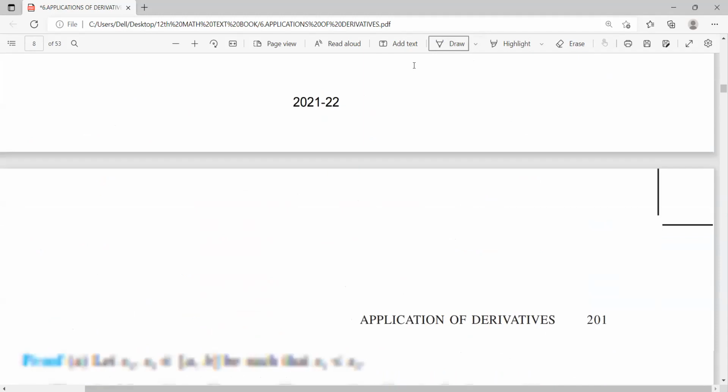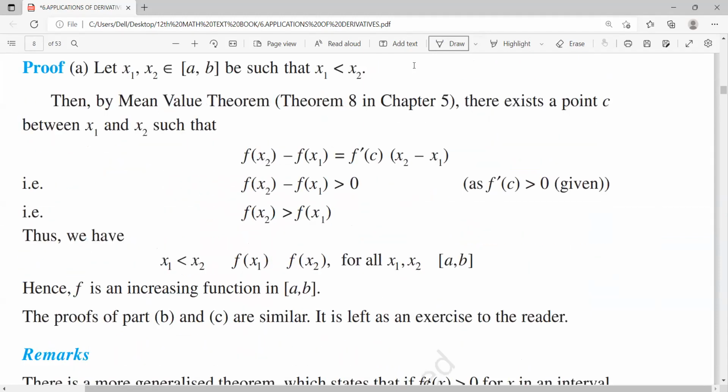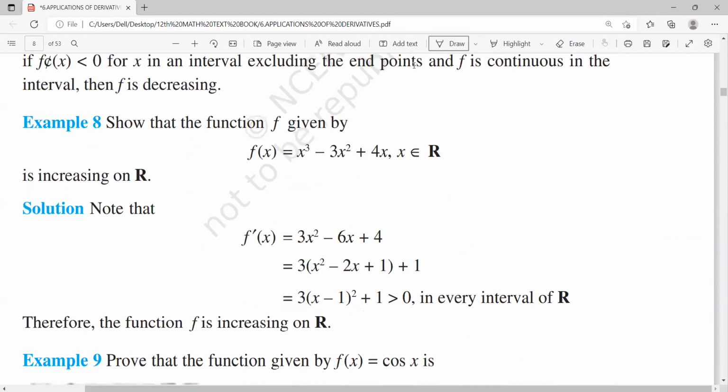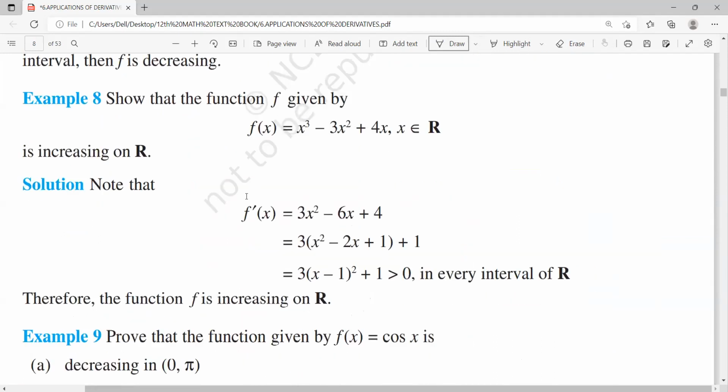So here is your question now. What is this question saying? The given function is increasing on all the numbers. You understand?